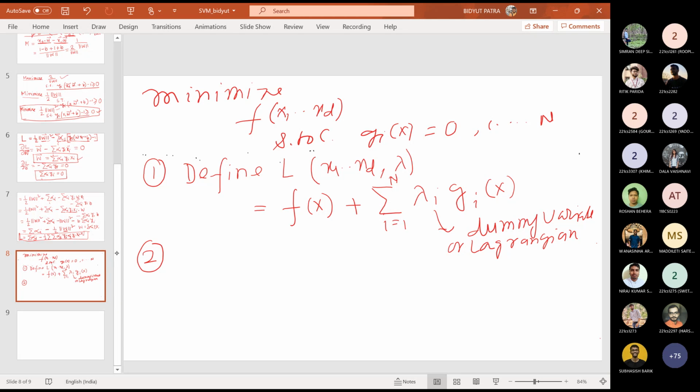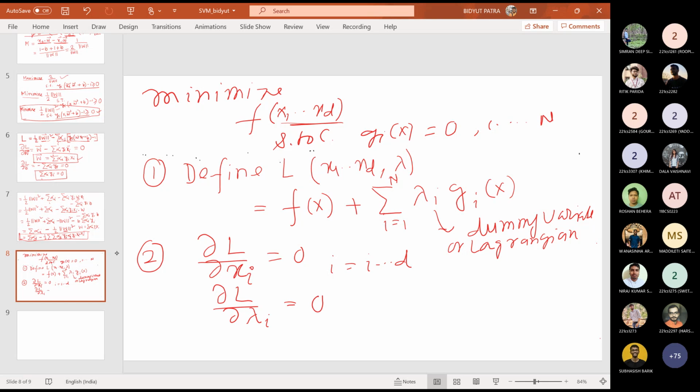So therefore delta L by delta x_i equal to 0, for i equal to 1 to d, because we have d variables in the original objective function, and then delta L by delta lambda_i, that also should be 0, and we have the constraints g_i up to n, so 1 to n. Okay, and then finally you have to solve.